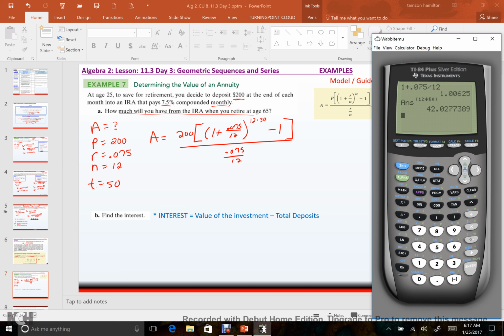Then I'm going to minus 1, and I get that. Then I'm going to multiply by 200, and I get that. And then I'm going to divide by parentheses 0.075 divided by 12, and enter, and I get that big number.